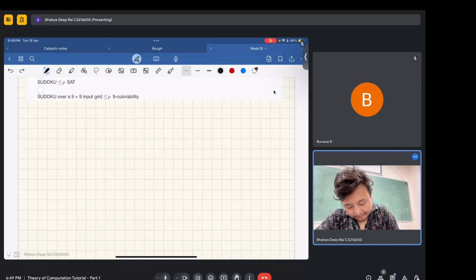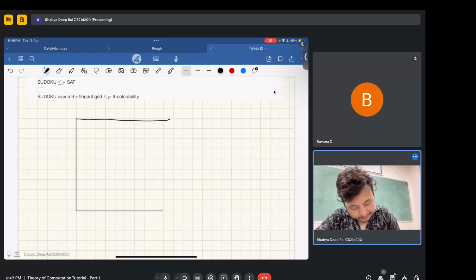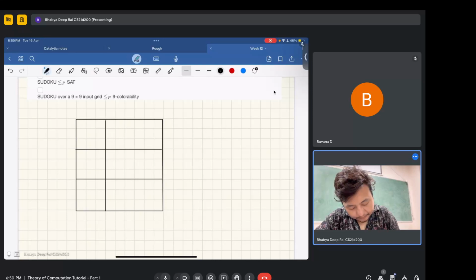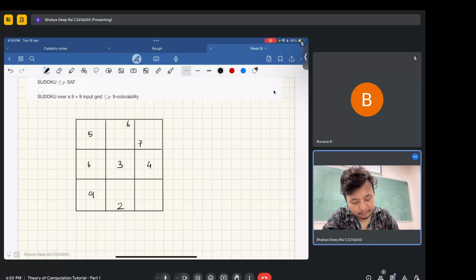1, 2, 3, 4, 5, 6, 7, 8, 9. This is what Sudoku looks like, and you have it partially solved with numbers ranging from 1 to 9.